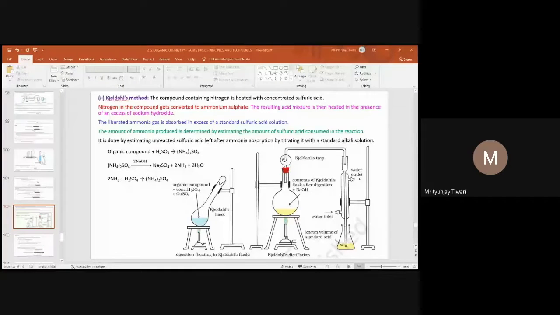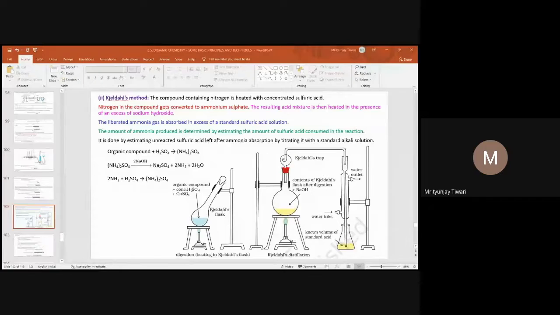That unreacted H2SO4 we can estimate in the third step, which we call the titration stage. In the titration stage, the unused H2SO4 is neutralized with NaOH using an indicator, taking NaOH in the burette and this solution in the flask.